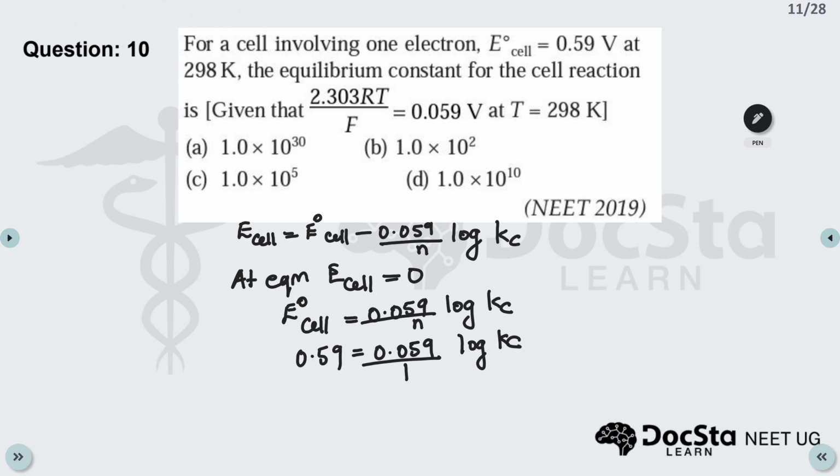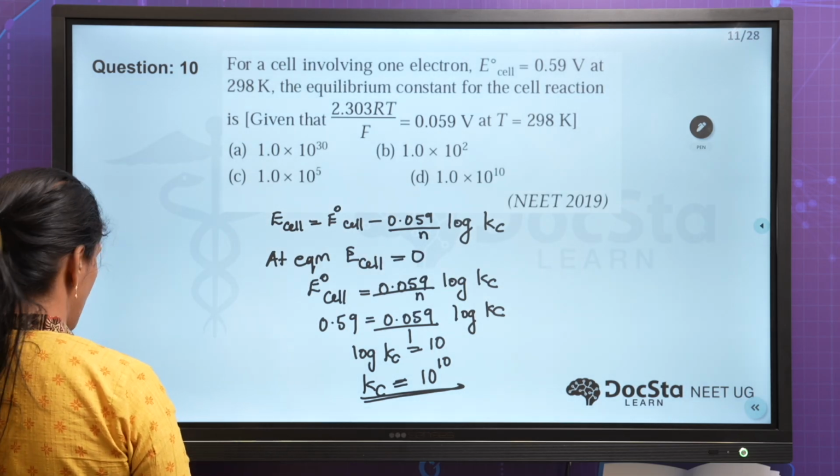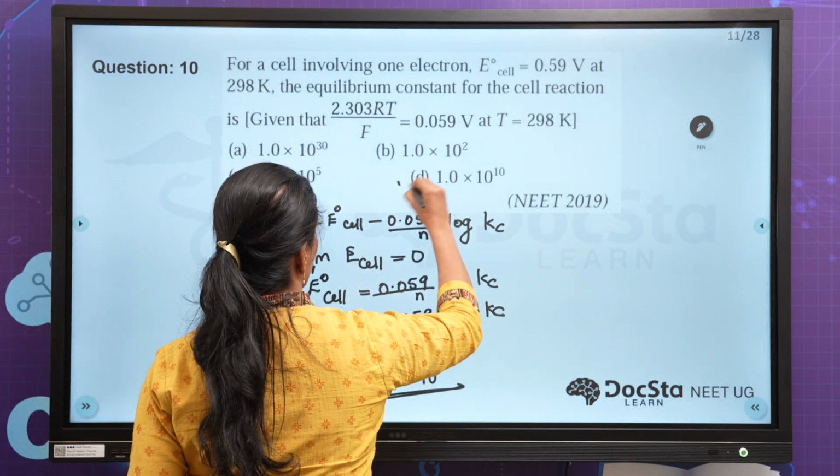So 0.59 is equal to 0.0591 by n log Kc, or if you solve this equation, log Kc becomes equal to 10, or Kc is equal to anti-log of 10, that is 10 to the power of 10. So this is how you evaluate Kc. So the correct option regarding this question is option D, 1 into 10 to the power of 10.